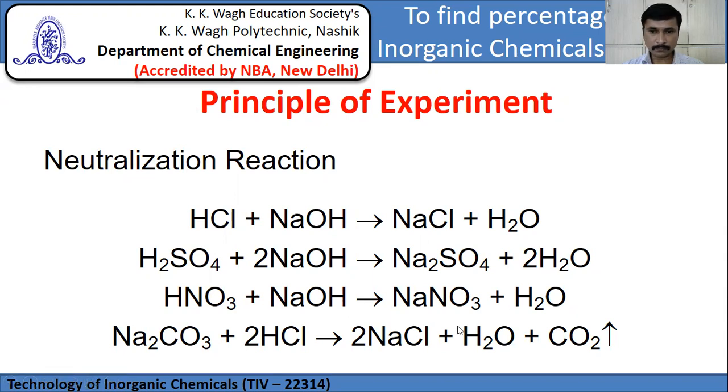And in fourth case, sodium carbonate is reacted with hydrochloric acid to produce NaCl, water, and carbon dioxide. In all these examples, the product is salt and water, which are neutral in nature.